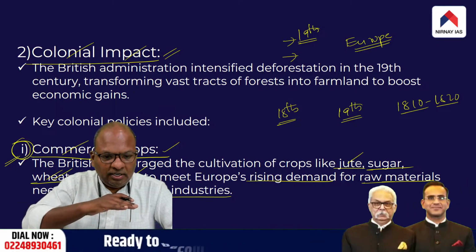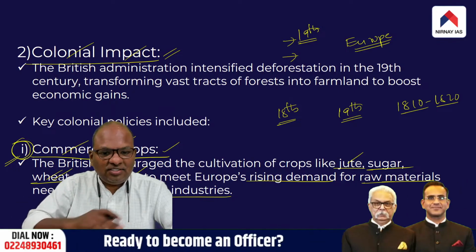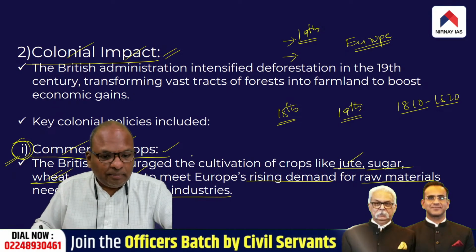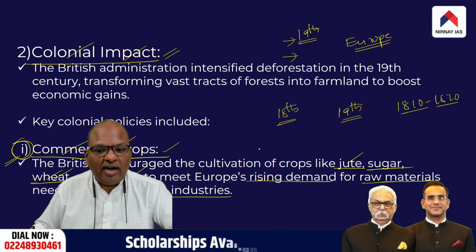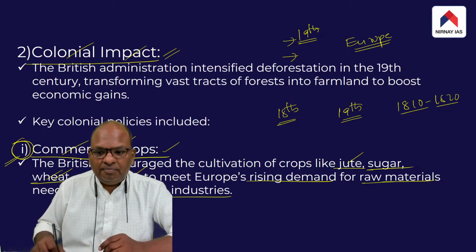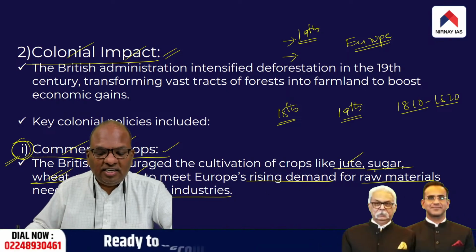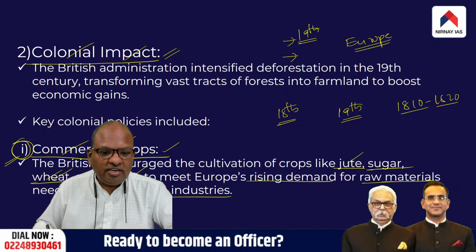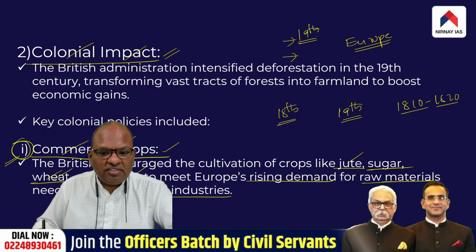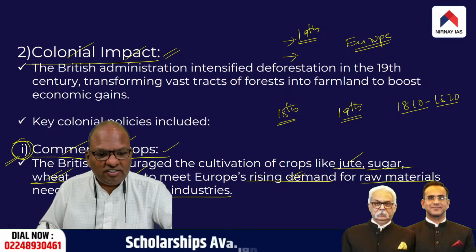The British deliberately began encouraging the people to bring more and more land under the cultivation of crops like jute, cotton, wheat, sugar, etc. Because these commodities were in great demand in the European markets, and therefore the British began encouraging commercial crops.